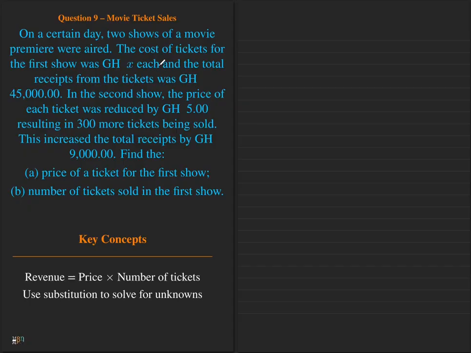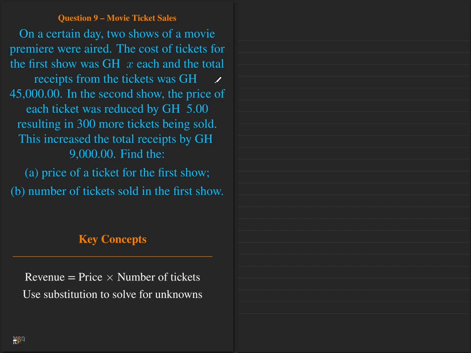So that's the question. It says, on a certain day, two shows of a movie premiere were aired. The cost of tickets for the first show was x cedis each. And the total receipts from the tickets was 45,000 cedis.